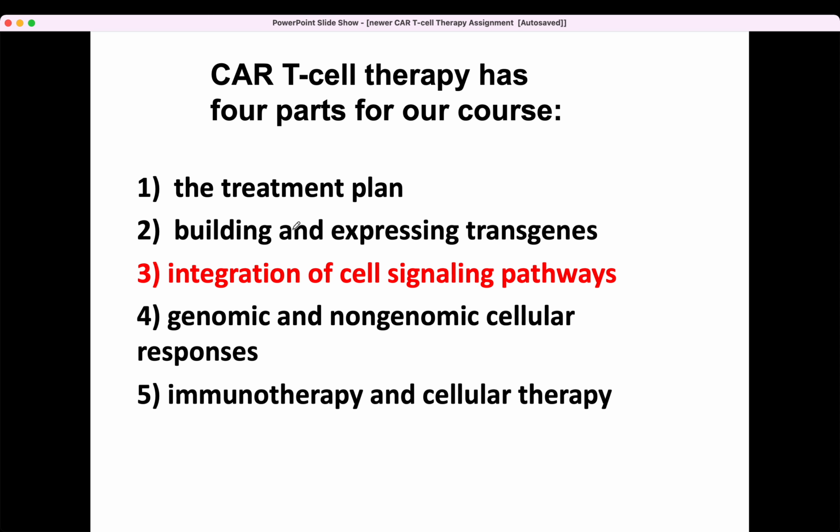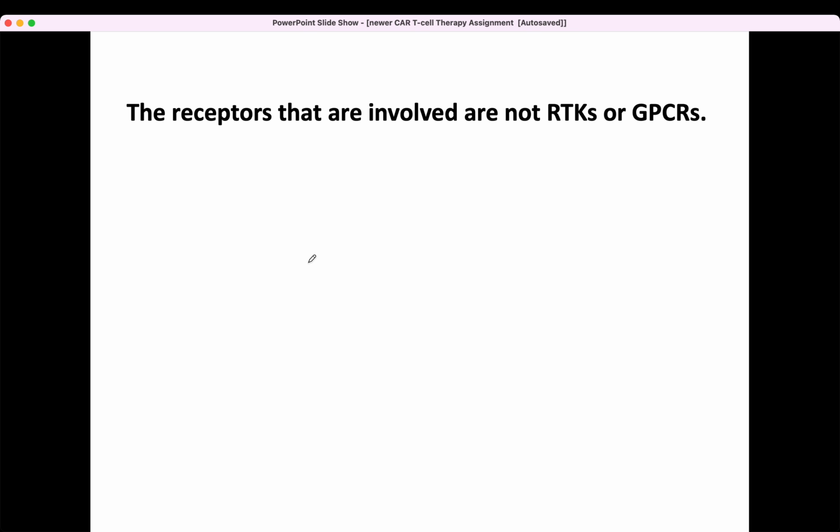So that's the first thing, is just what did they make in a lab to put into the cells? And then what does it mean when we integrate? What are the signaling pathways that those three receptors normally use that get all put together? Okay, so the receptors are not the kind of receptors that we've learned the most about in our course.